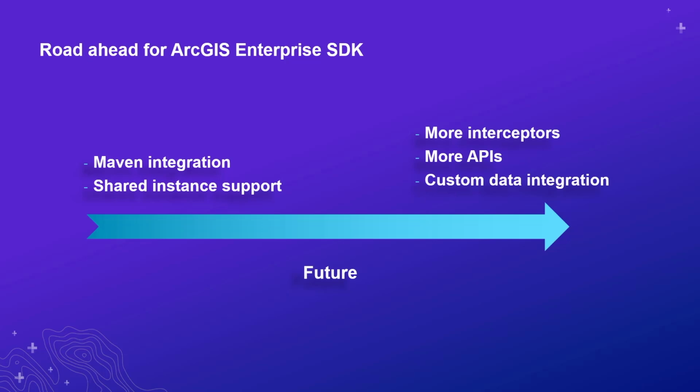The second feature we will have is shared instance support. Shared instance is introduced at 10.7 for map services published from ArcGIS Pro. As I mentioned earlier, one service can have multiple service instances running, but when this service is configured for shared instance, it will share the same service instances with multiple other services, and they can share one or more service instances.